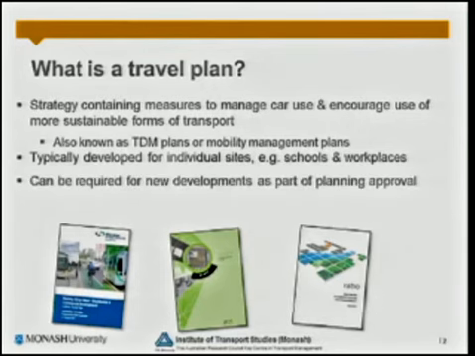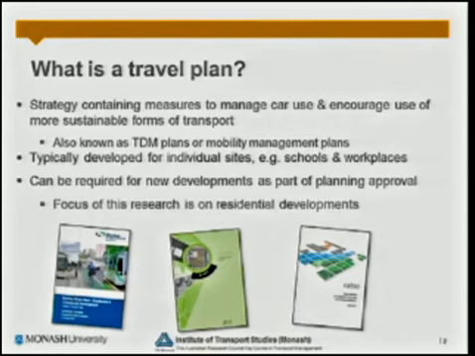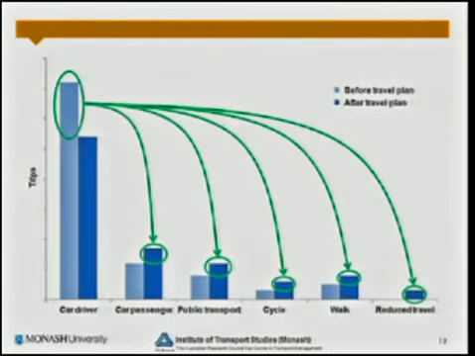And what we're starting to see in Victoria is more of these being required for new residential developments. And so we decided to focus this work on apartment buildings, essentially, and look at the role of travel plans for apartment buildings. And that was potentially an opportunity, but as I'll flag in a moment, it also presents some challenges, at least from the perspective of trying to evaluate the effectiveness of travel plans.